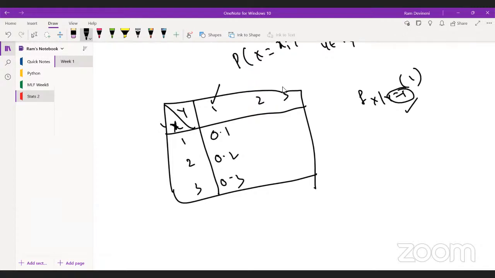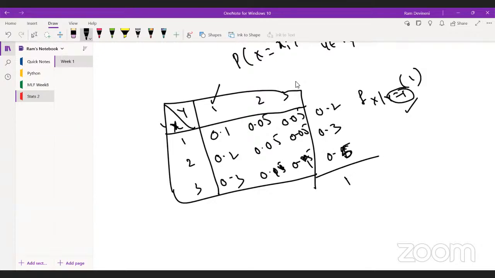Initially we could have something like 0.5, 0.05, 0.2, 0.3, 0.4. I'll make this 0.1, 0.1.